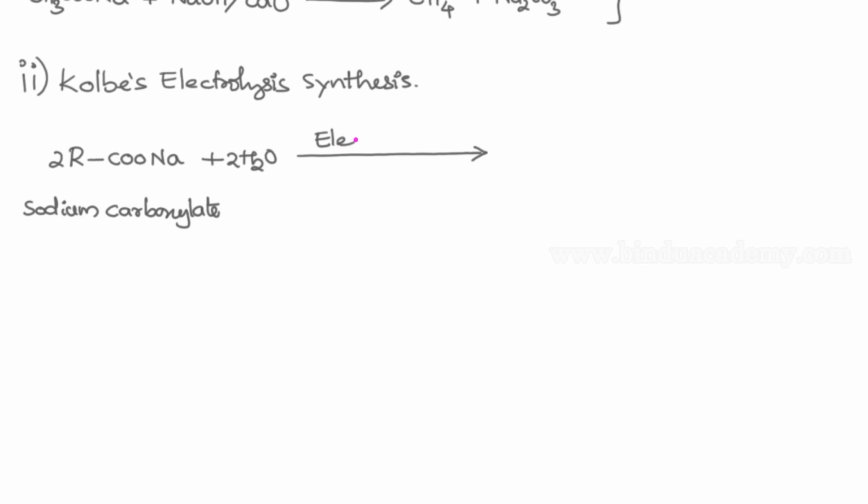Electrolysis. After the electrolysis, it converts into R-R plus 2 molecules of carbon dioxide is produced, plus there is liberation of hydrogen gas, and then we get 2 molecules of sodium hydroxide, NaOH.